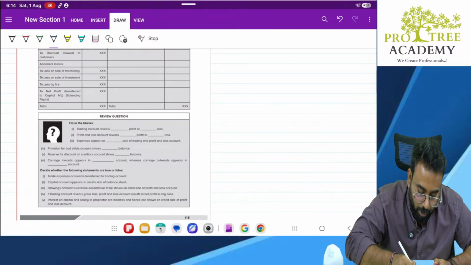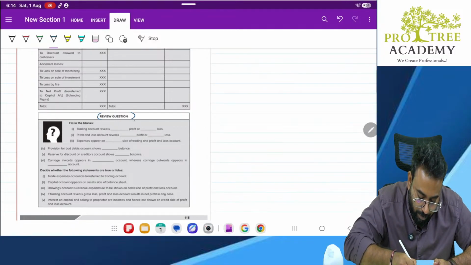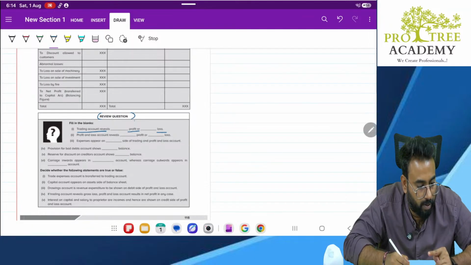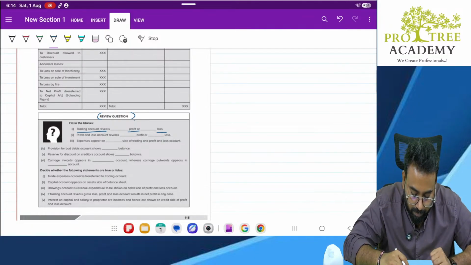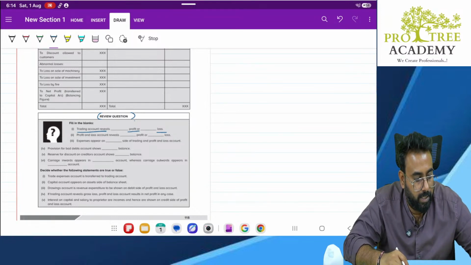Review question for you guys. Please answer. Trading account reveals dash profit or dash loss? Come on, guys. Please answer, online students.